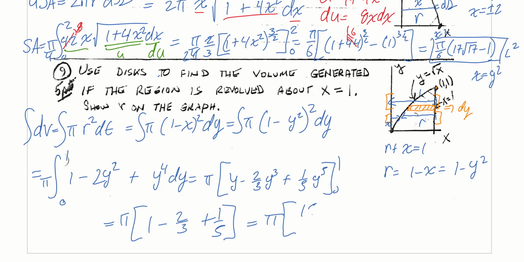It'll be 15 over 15 minus 10 over 15 plus 3 over 15. So we'll get 15 minus 10, which is 5, plus 3, 8. 8 over 15 times pi. And again, this is a volume, so length cubed.